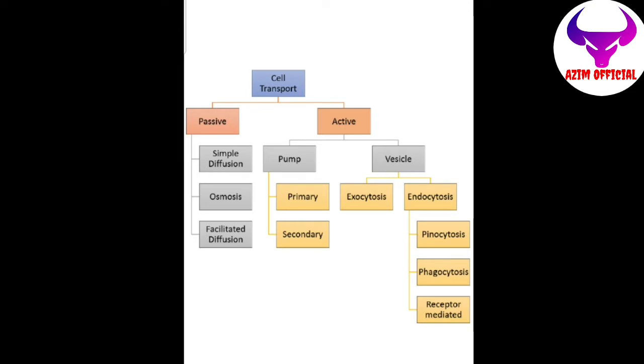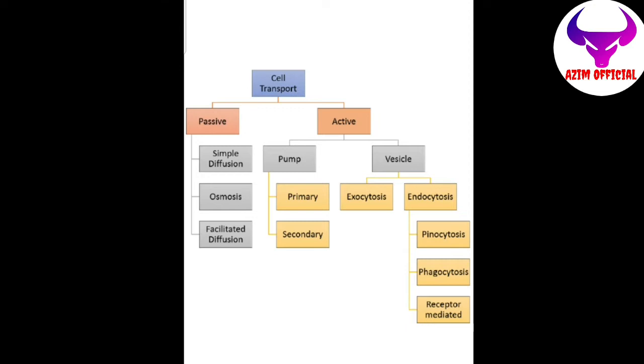Transport of substances through the cell membrane is the membrane transport. As you know, what is membrane transport? If you are asked what membrane transport is, membrane transport is the process by which different substances are transported across the biological membrane in a biological system. As simple as that.